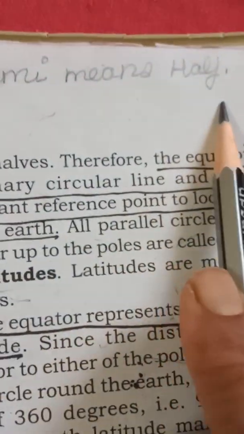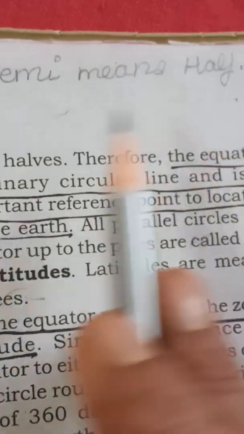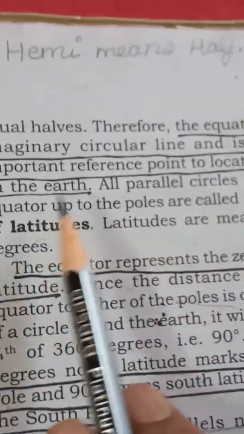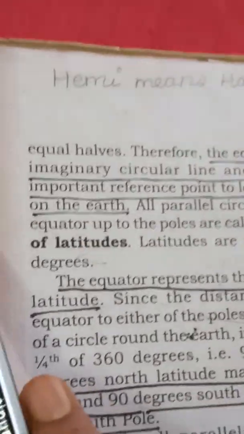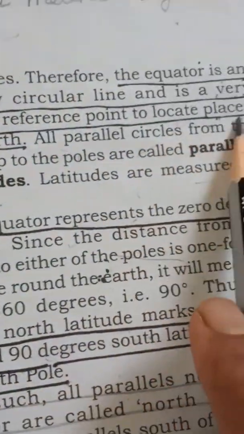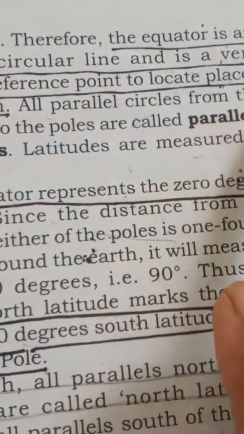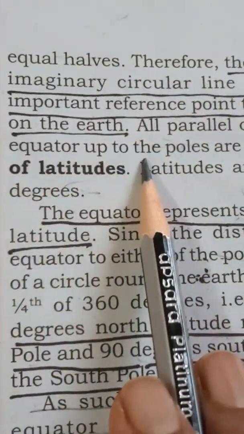Hemi means half. Sphere means circle. So the equator is an imaginary circular line and it is a very important reference point to locate places on the Earth.